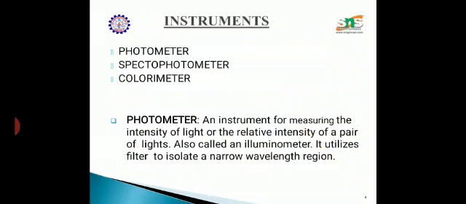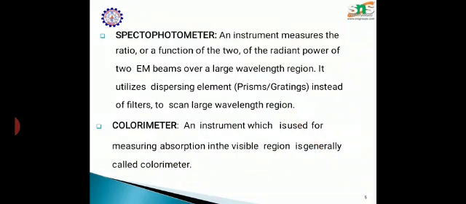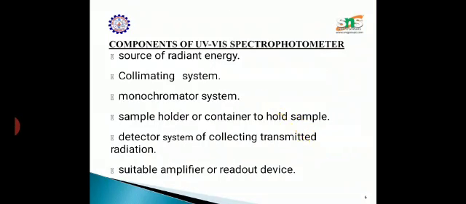It's an instrument to measure the intensity of light. A spectrophotometer is an instrument which measures the ratio, or the function, of the radiant power of the two beams. A colorimeter is an instrument which is used to measure the absorption in a visible wavelength.